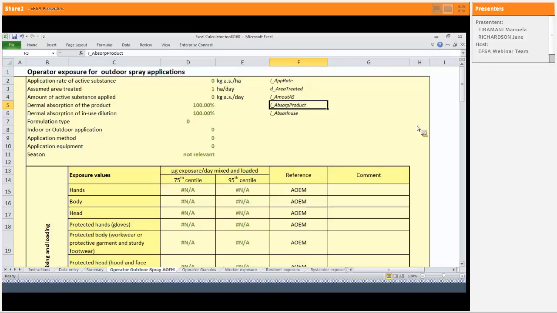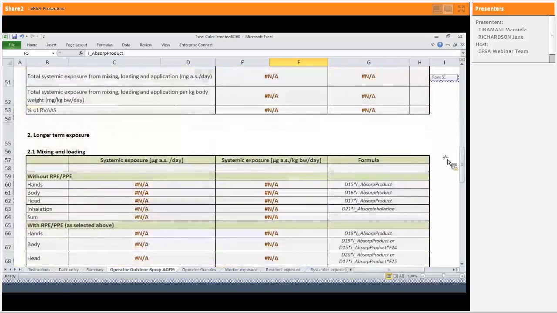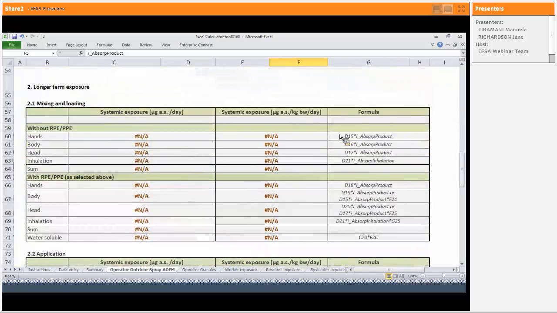And then when you go down further into the sheet, we actually try and provide the formulas that have been used to calculate the values that you can see in the Excel sheet. So here again, we see our I absorb product. And this means that the value at the top that you saw has been used to estimate the systemic exposure of hands.